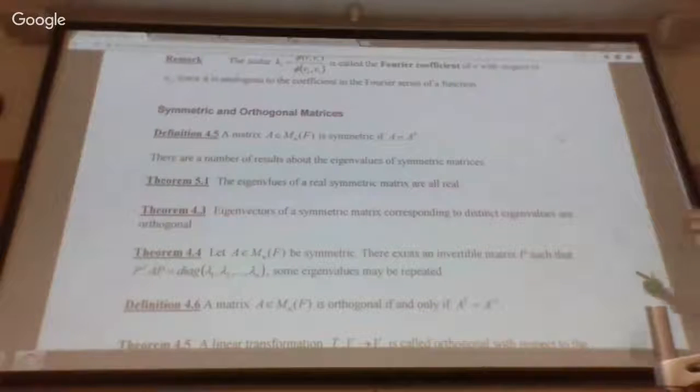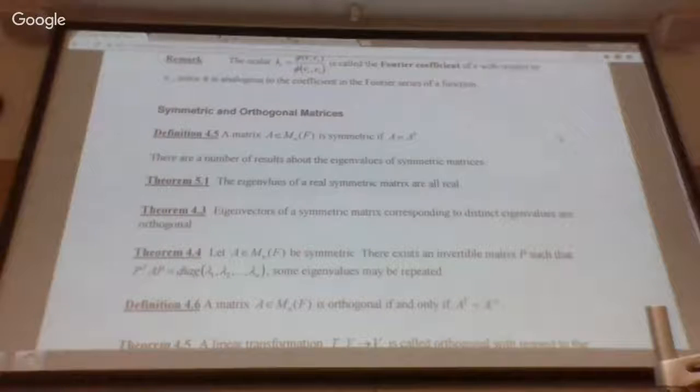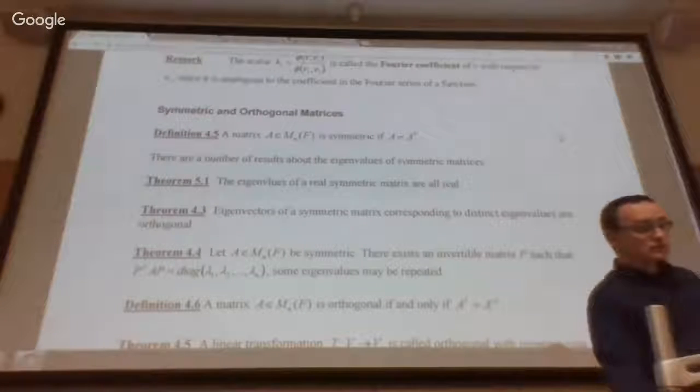It can be interpreted quite nicely in terms of the transpose operation. When you transpose a matrix, you turn the rows into columns and vice versa. You're essentially reflecting it in its main diagonal. And so if performing that transpose operation does not change the matrix A, that's equivalent to it being a symmetric matrix.